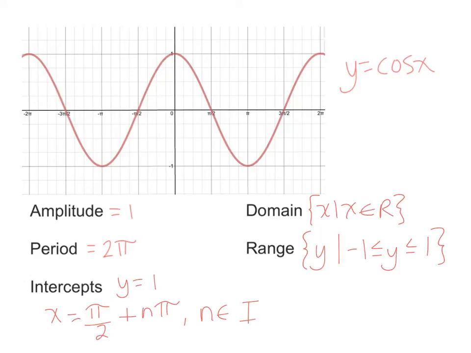So it's basically the same as a sine function. It's just shifted over. The whole thing is shifted. The sine function goes through the origin and has its maximum at pi over 2. So it would look like this.